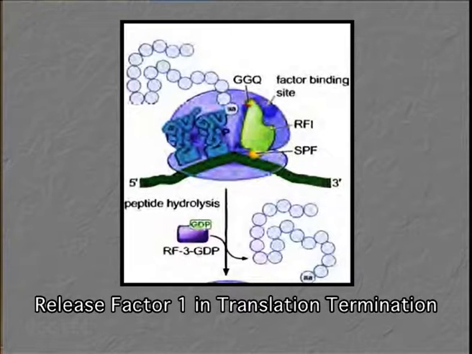That is, the hydrolysis of the peptide bond has to take place. Once the peptide bond is hydrolyzed, the next question that comes is the removal of the release factor 1. So the hydrolysis of the peptide bond is executed by release factor 1, and second comes release factor 3.